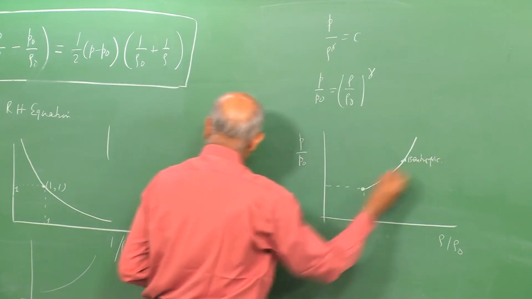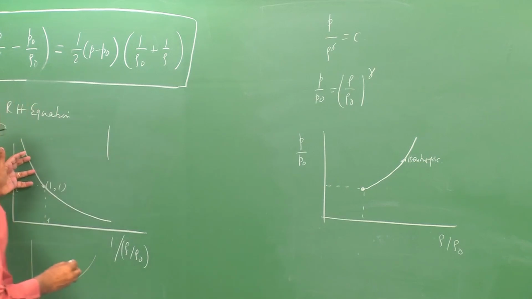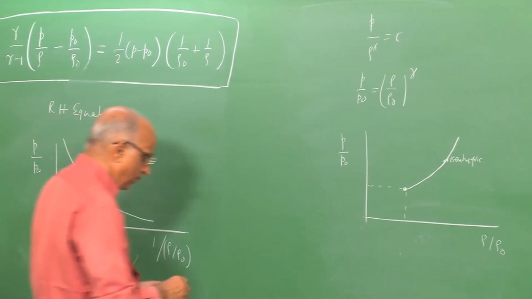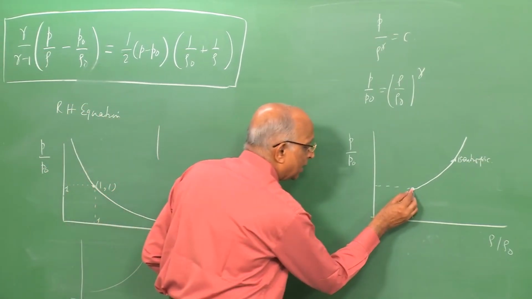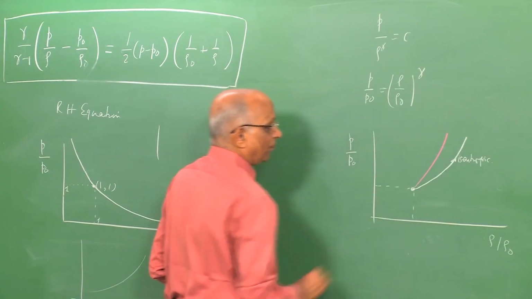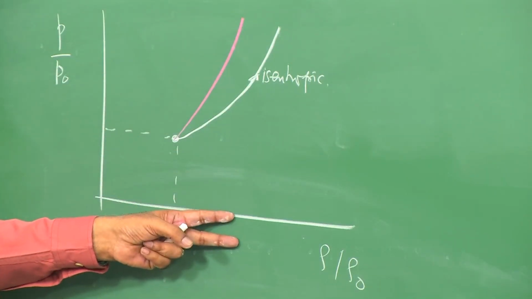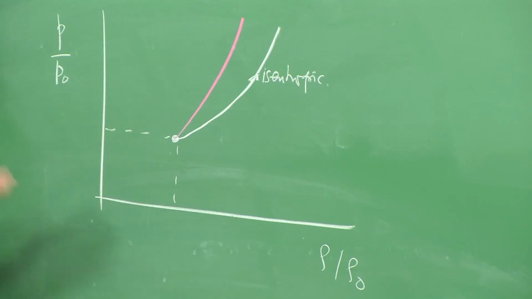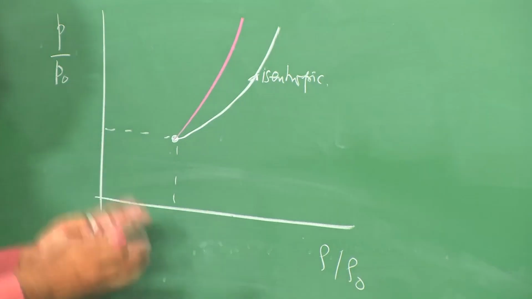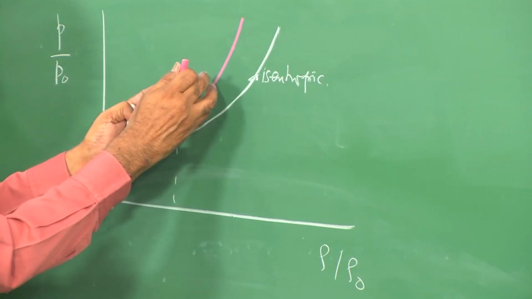If I have a shock, and I plot this particular equation, which is the Rankine-Hugoniot equation, what will I get? I will get a solution something like this. In other words, the pressure ratio is higher for the same density ratio, and the reason is it is not isentropic: there is some dissipation, it is no longer adiabatic, and it is no longer reversible.